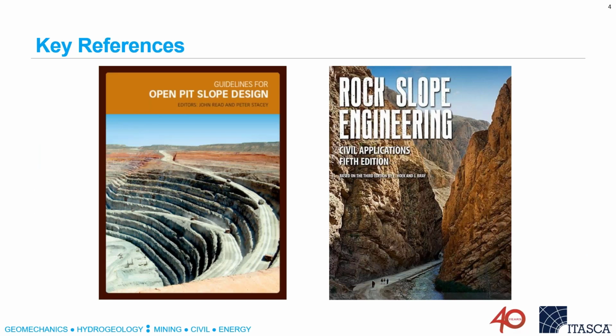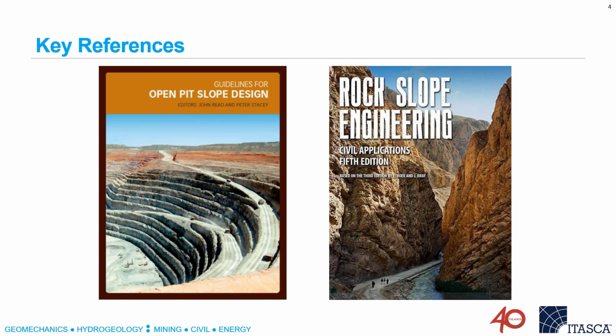So 2 really key references, if you're only going to have a couple of books in your library or on your computer, these are the 2 I would suggest. On the left, the guidelines for open pit slope design put together by the Large Open Pit Project. Chapter 10 in that particular book talks about all of the different slope stability design methods.